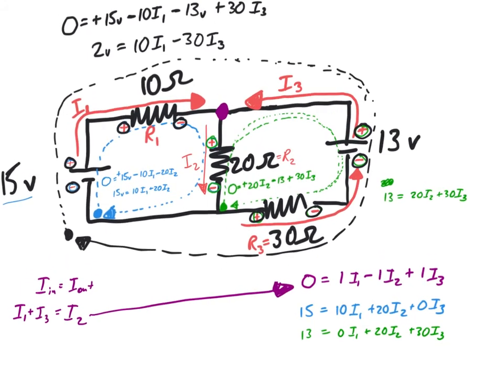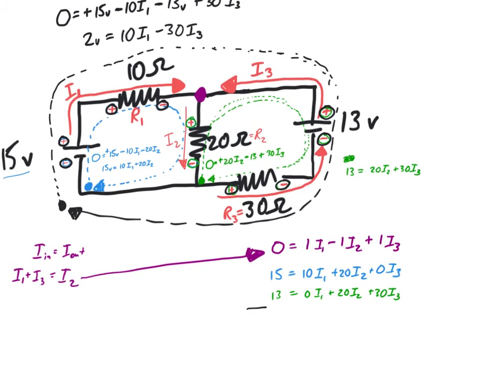I'm going to rewrite that equation underneath the green one, and I get 2 is equal to 10I1. There is no I2 in there, and negative 30I3.